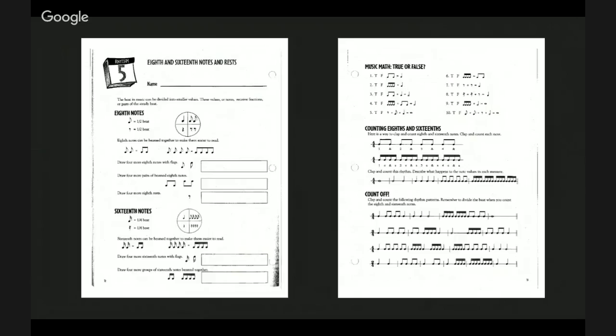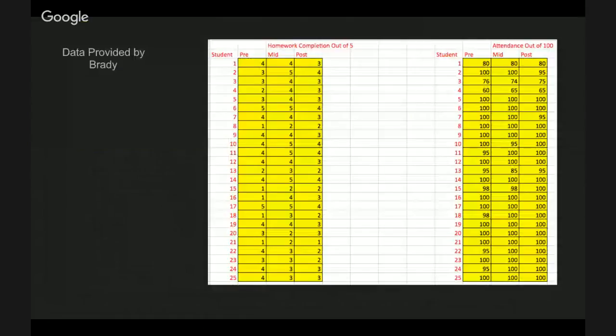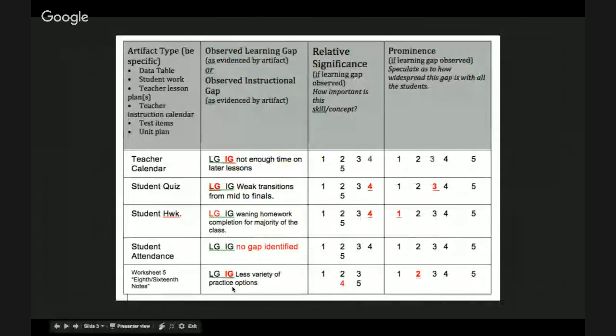So if you were lost before this point, this definitely didn't help. So we put that down as an instructional gap because there was not enough time or enough practice options for the students to really grasp the material. They were expected to kind of get it with very little information being presented to them.